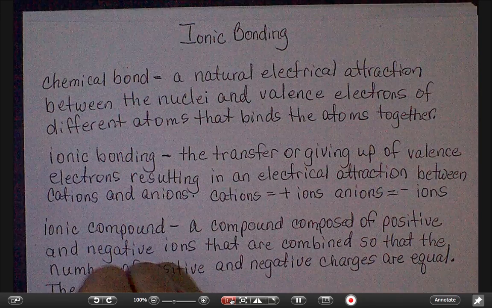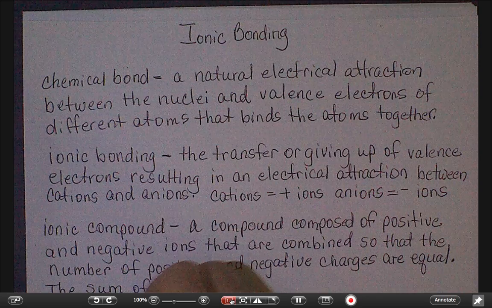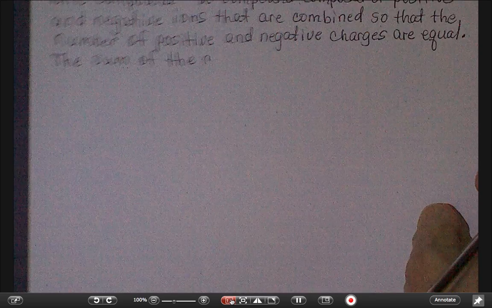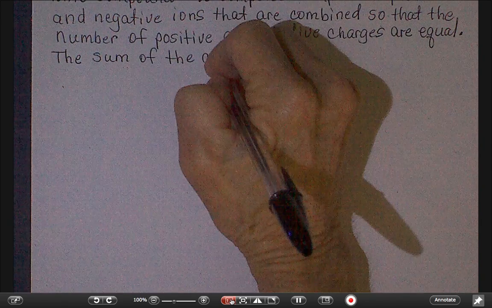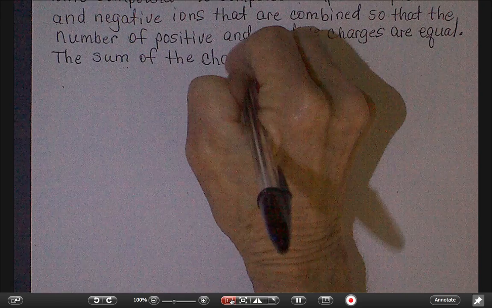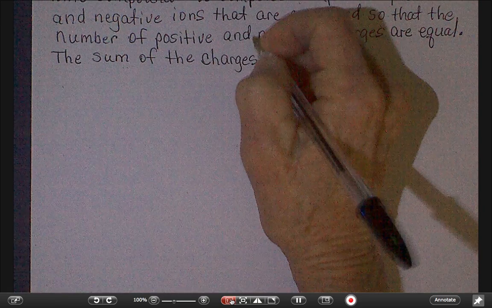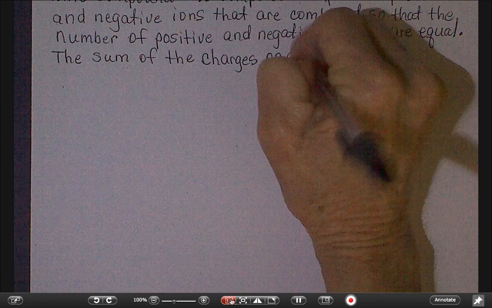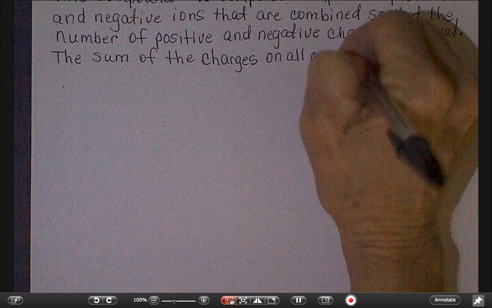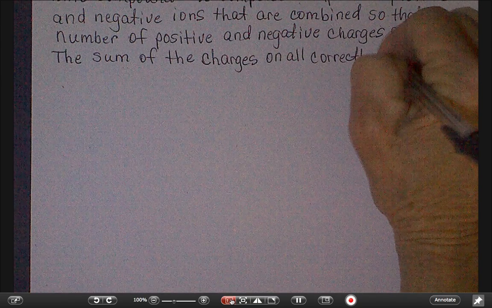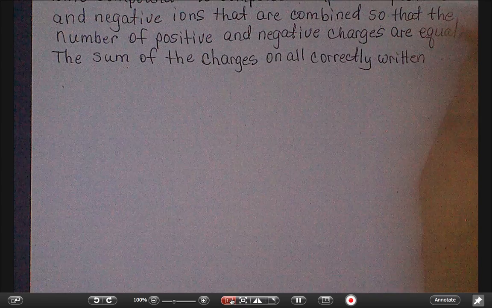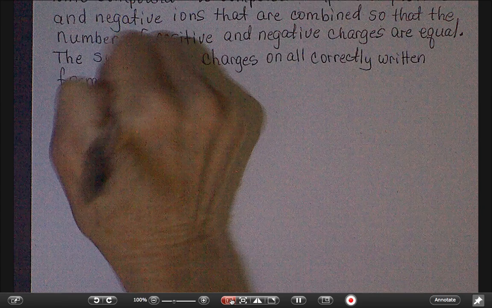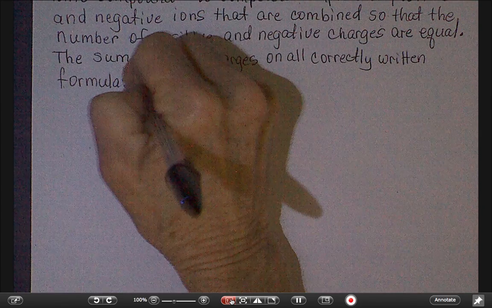The sum of the charges on all correctly written formulas equals 0.